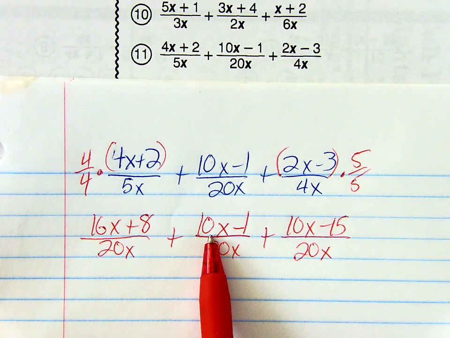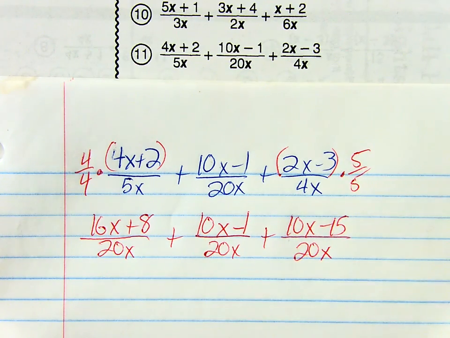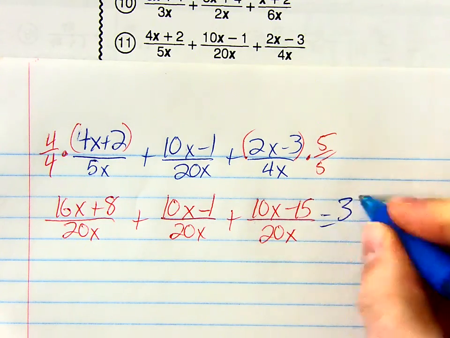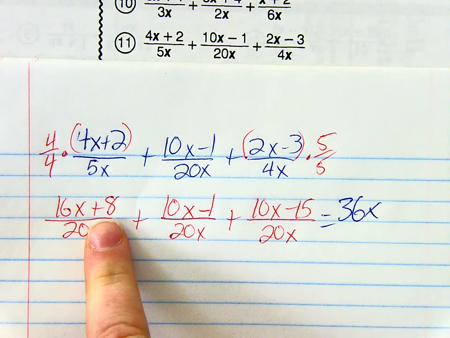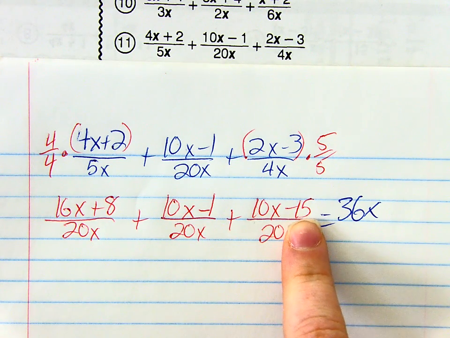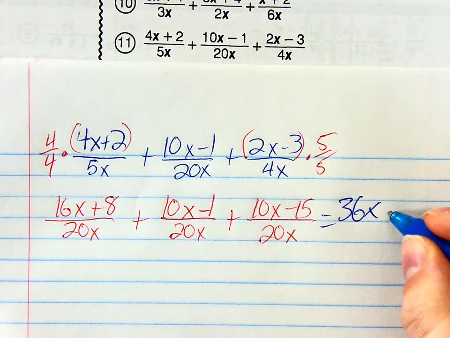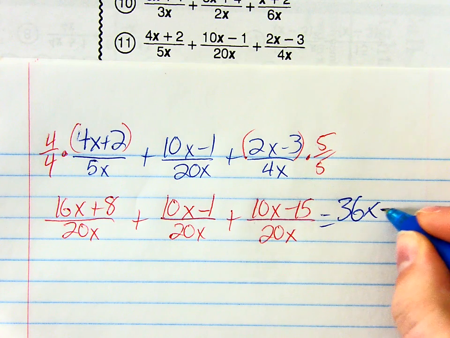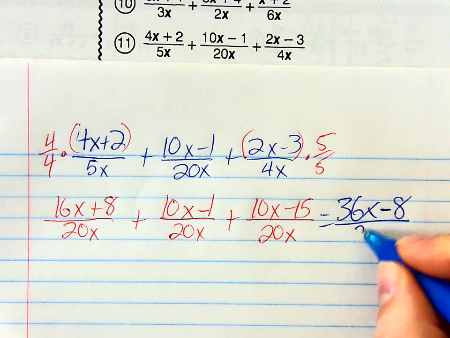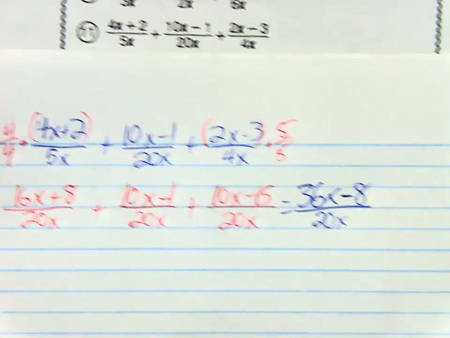What's 16x plus 10x plus 10x? 36x. And then let's add the numbers. Plus 8 minus 1, that's 7. 7 minus 15? Negative 8, right? And it's all over 20x. Am I done?